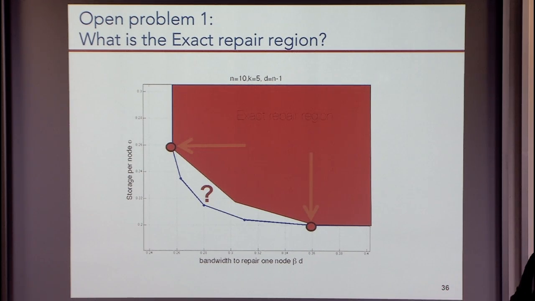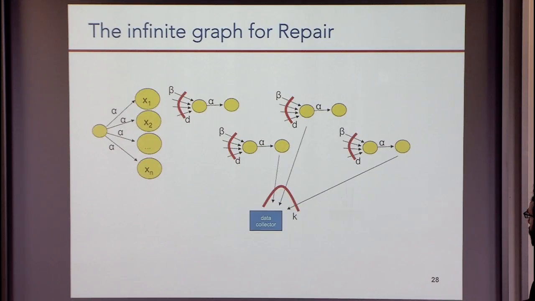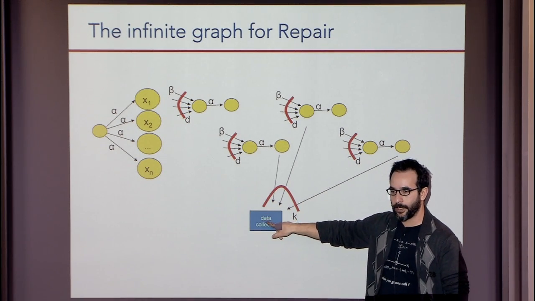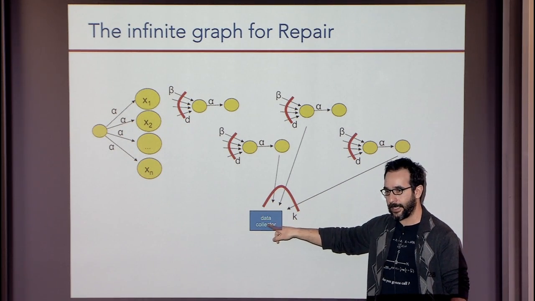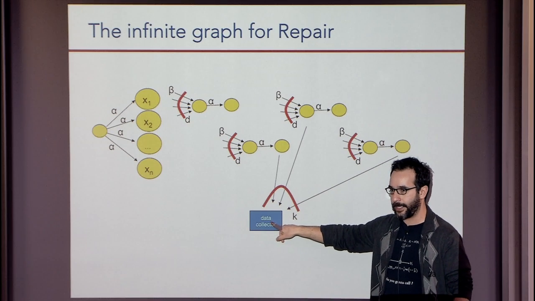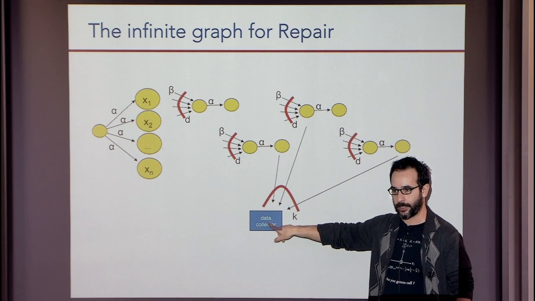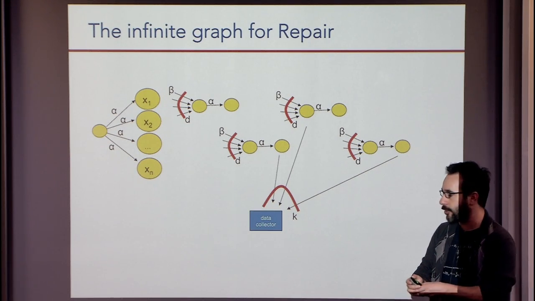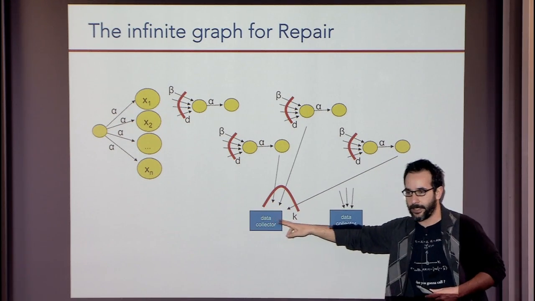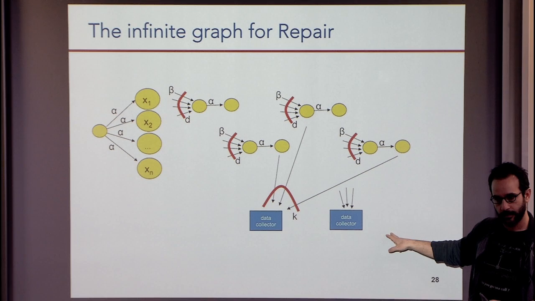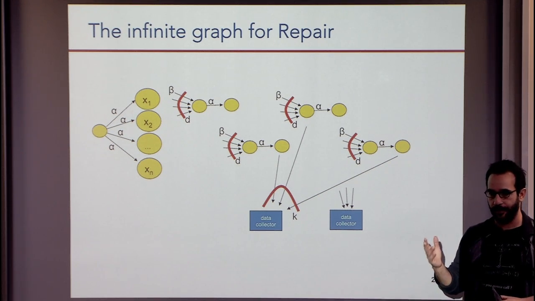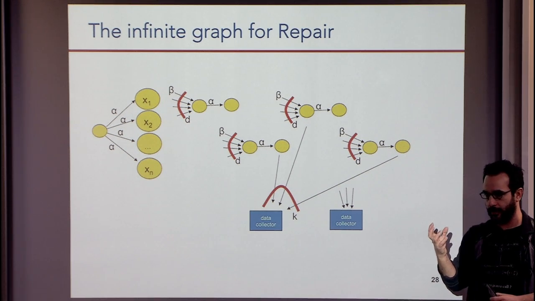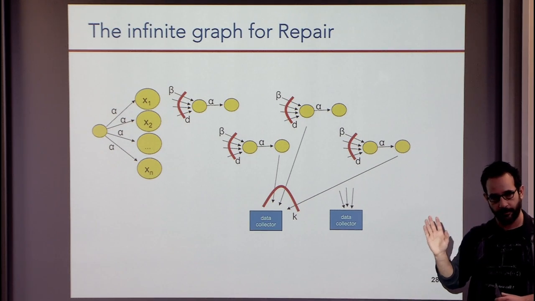So you go here and say I need the entropy of the data given the things that this node observes to be 0. That means he can reconstruct. So basically, functional repair will have reconstruction conditions only on these data collectors. And then you just have the fundamental Shannon inequalities for now.